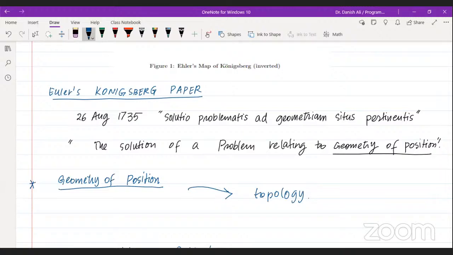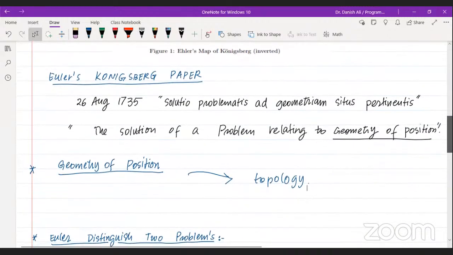Here, this new branch of mathematics, which we call topology, and some sub-branch which is called graph theory, arose from this problem. And Euler was the first one who solved this problem in this paper.